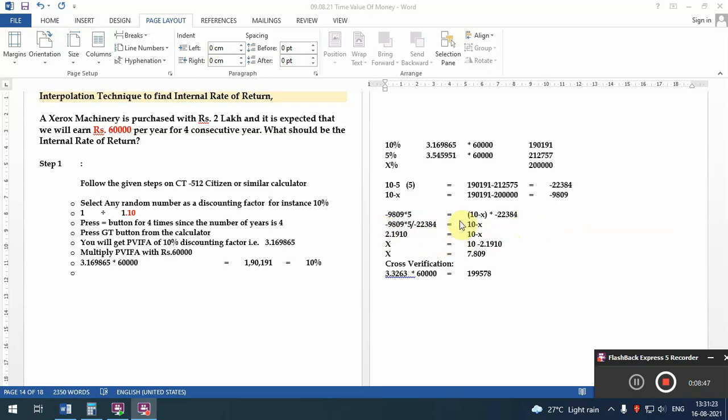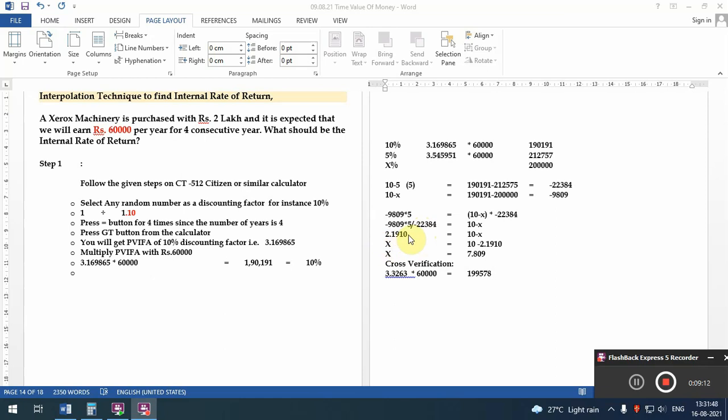If I solve this, I will get an answer as 2.1910. Now this is a positive figure, because on the numerator we are having minus, as well as on the denominator we are having minus. So this minus and minus will be wiped out, and you will get 2.1910 as your answer.